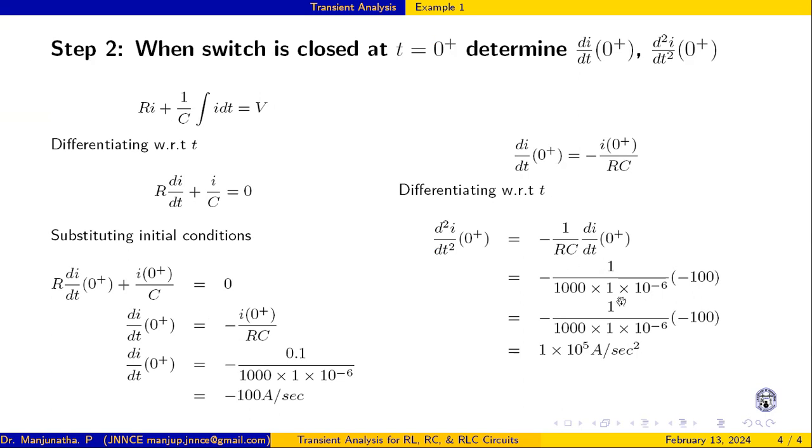So minus 1 by 1 kilo, 1 micro, these are the resistor and capacitor values, into minus 100. Simplified, the denominator is 10 into 10 to the power of minus 6, or 1 into 10 to the power of minus 5. When we take it into the numerator, it is 1 into 10 to the power of 5 ampere per second square.